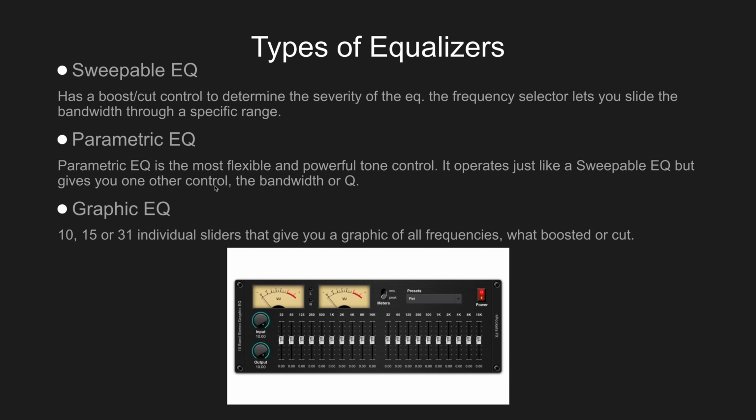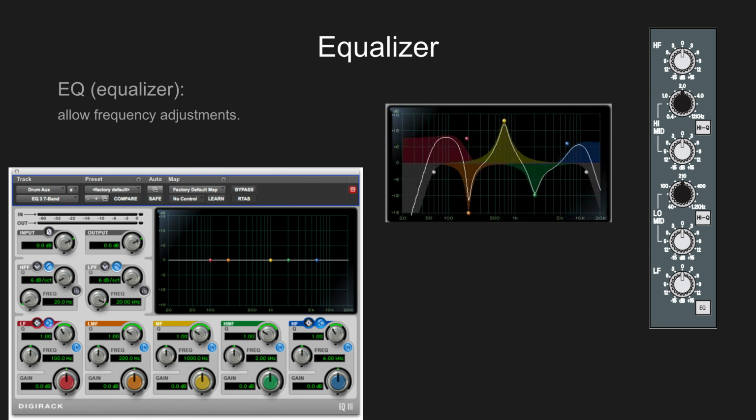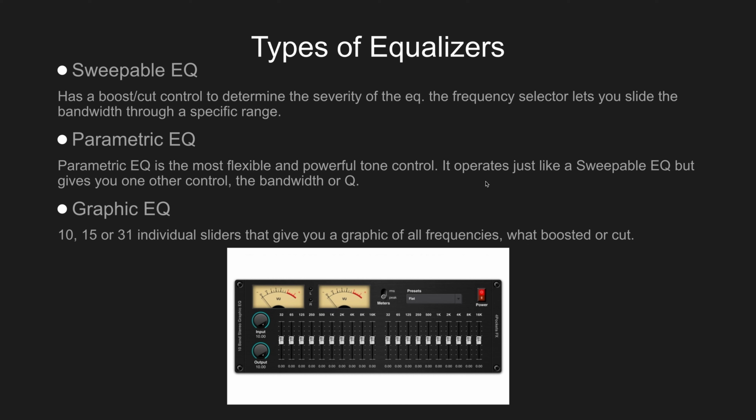It operates just like a sweepable EQ, but gives you one other control, the bandwidth Q. I've seen ones called parametric that don't have the bandwidth control, but for the test and everything, just go by these definitions.